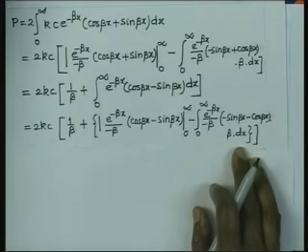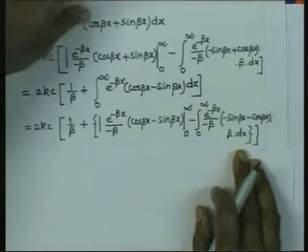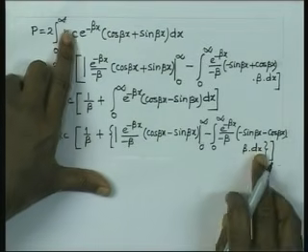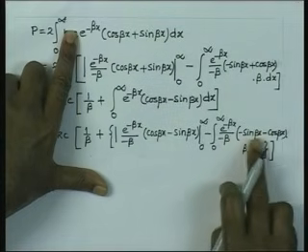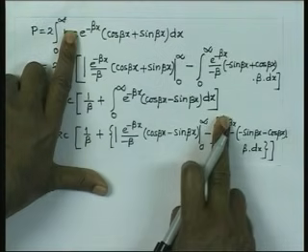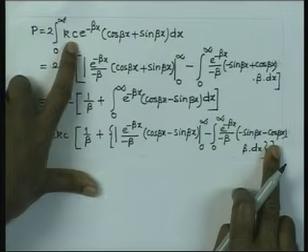And if you look into the initial expression, see this expression, it is similar, e to the power minus beta x into cosine beta x plus sin beta x. So, therefore, this is 0 to infinity. So, we can write this expression as P by 2kC.